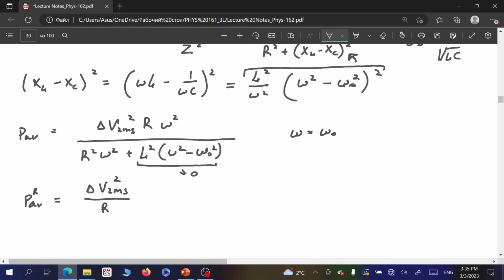So now let us consider transformers. For the general construction of a transformer, we have some ferromagnetic core, a primary coil, and a secondary coil. For the primary coil we have delta V1, and here delta V2.